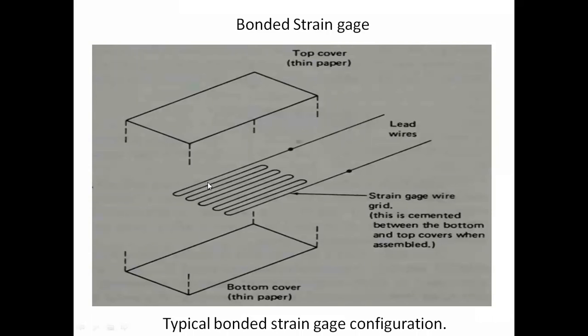In place of this conductive wire, we will use a slice of silicon material. Then this silicon slice will be attached to the structure where we have to measure the strain.